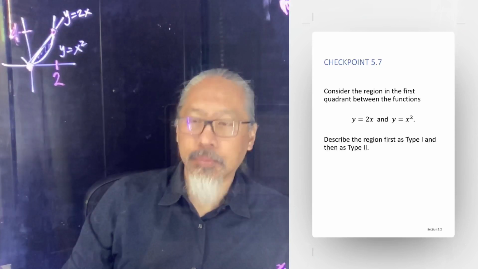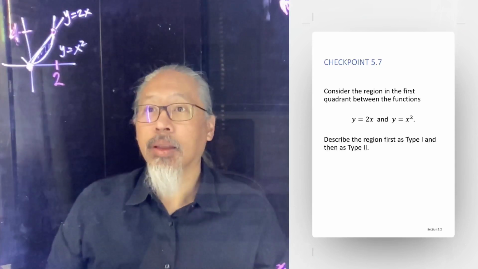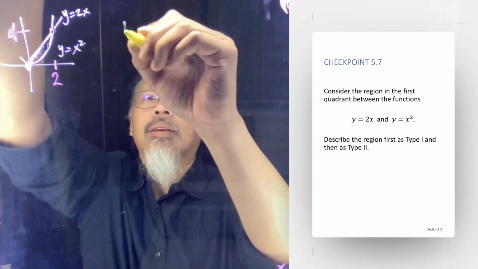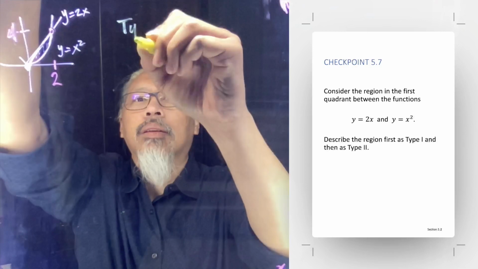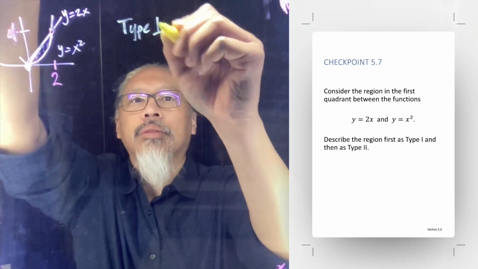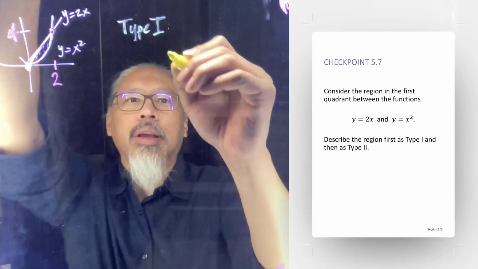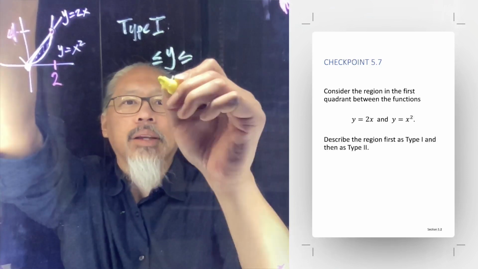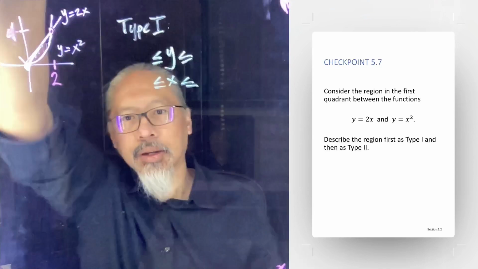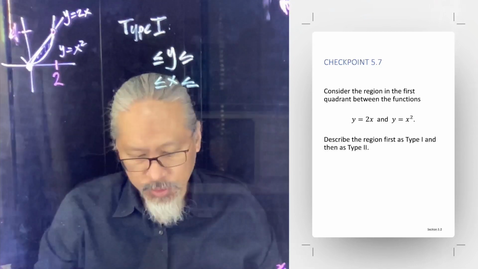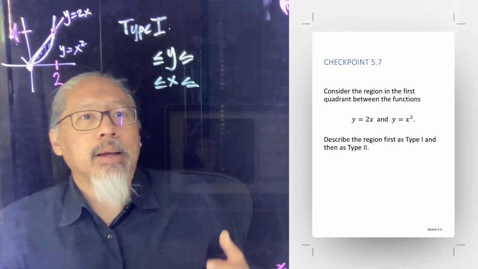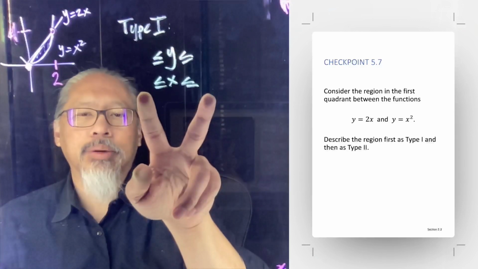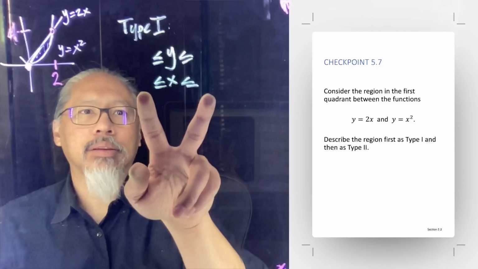Okay, now that we know these two pieces of information, we can work on trying to integrate with respect to y first. So as a type 1 region, let's make a note here. Type 1 region. This is saying that we're going to integrate with respect to y first, and then with respect to x last. And a couple of things that I'm trying to make a note of is that the outer limits, or the last limits that we're going to integrate, are always going to be constants.